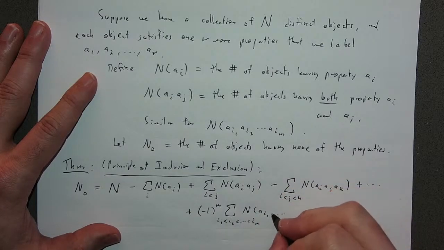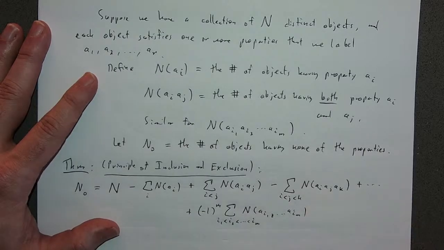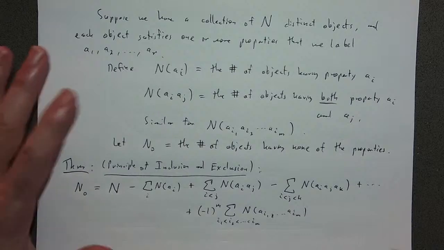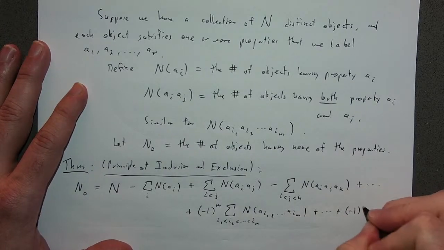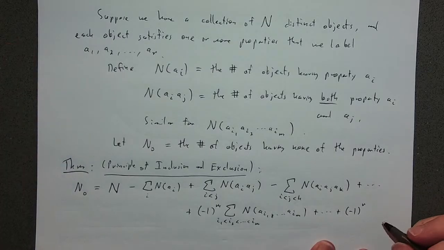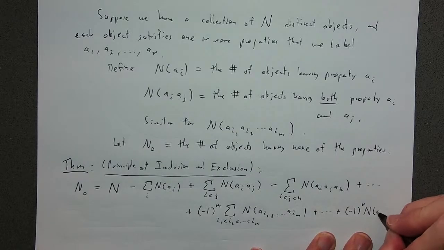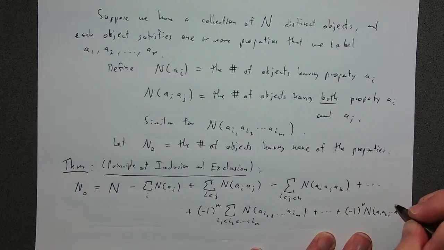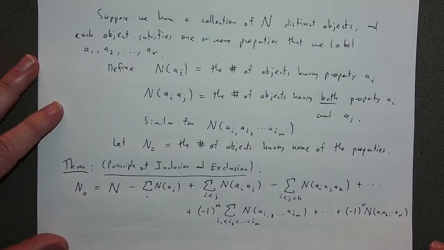Actually, I didn't use commas here when I use this notation, so there. On out to the very last term, which is minus 1 to the r times n with all of those properties, a sub 1 out to a sub r. Okay.